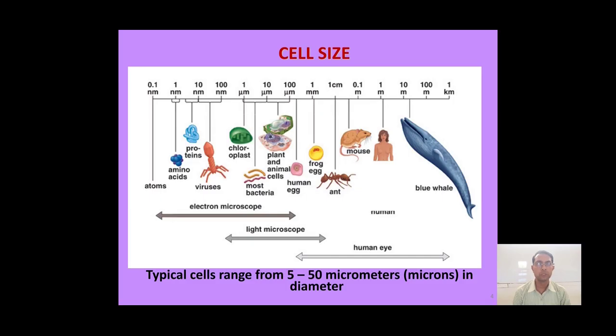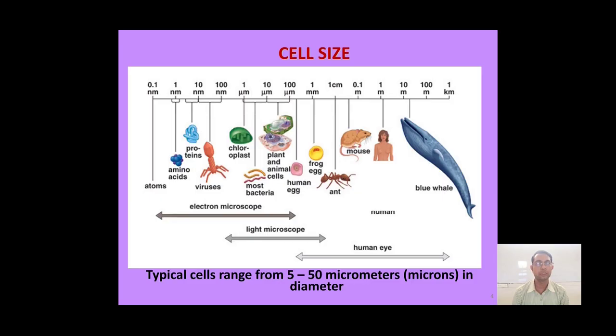So different sizes are given over here. Viruses have a very small size, in nanometers. Here you can see the scale given that starts from nanometer, then micrometer, then meter, and kilometer. So the atoms are very small, and as the nanometer size increases, it gives rise to the viruses.